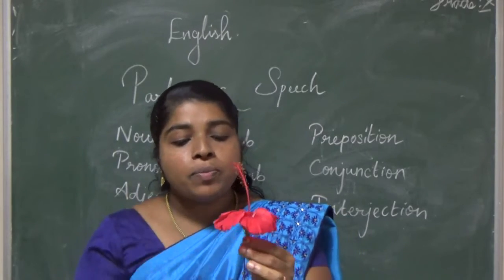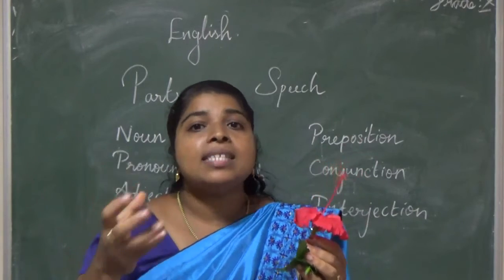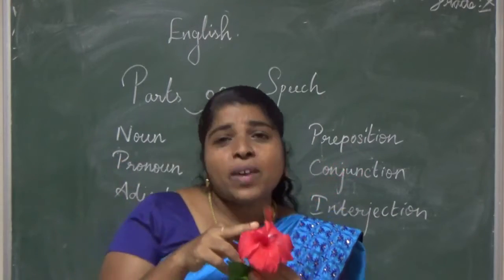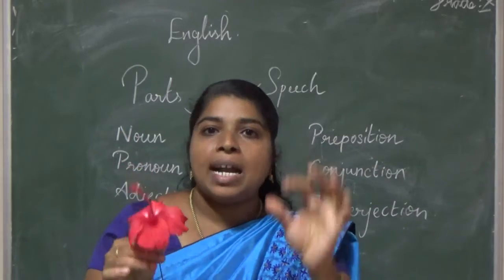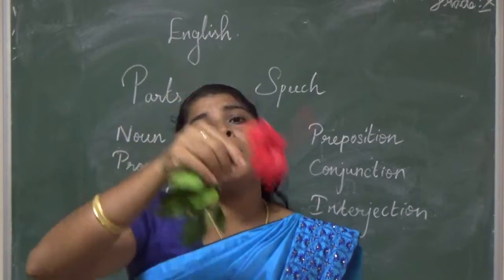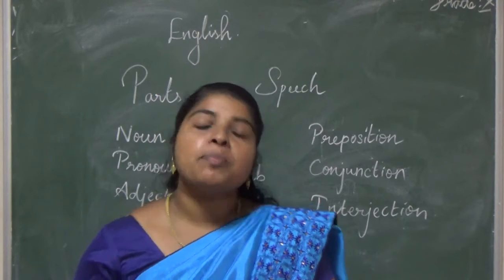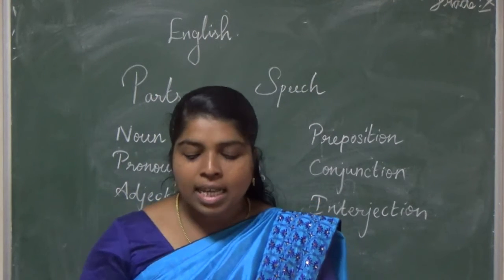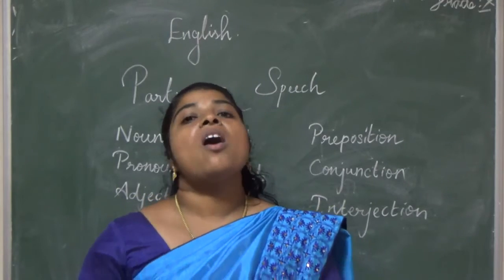Then it blooms everywhere. Everywhere is an adverb. It modifies the verb: where does it bloom? Everywhere. So it is an adverb. I plucked this flower from my garden. From is a preposition. These flowers are on the table.